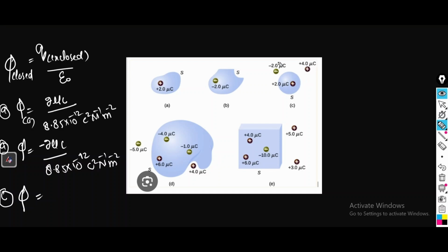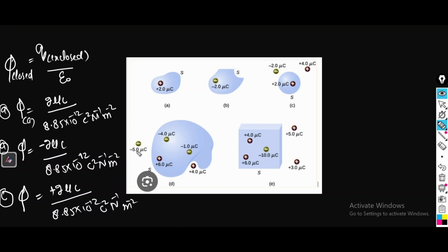This plus 4 and this minus 2 are outside of this Gaussian surface. Therefore, the flux is only the charge enclosed, plus 2 microcoulomb, divided by the permittivity of free space, which is 8.85 multiplied by 10 raised to the power minus 12 coulomb squared per newton per meter squared.